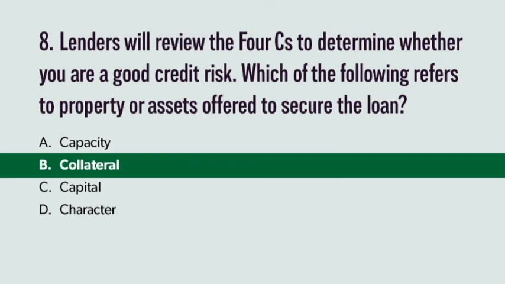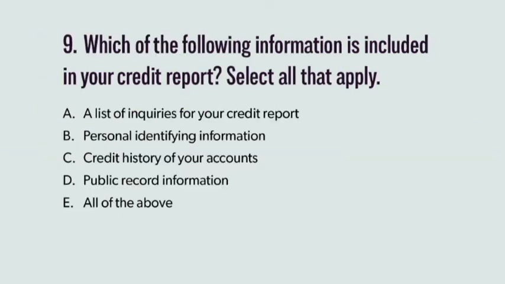Number 9, which of the following information is included in your credit report? Select all that apply. A, a list of inquiries for your credit report. B, personal identifying information. C, credit history of your accounts. D, public information, or E, all of the above.